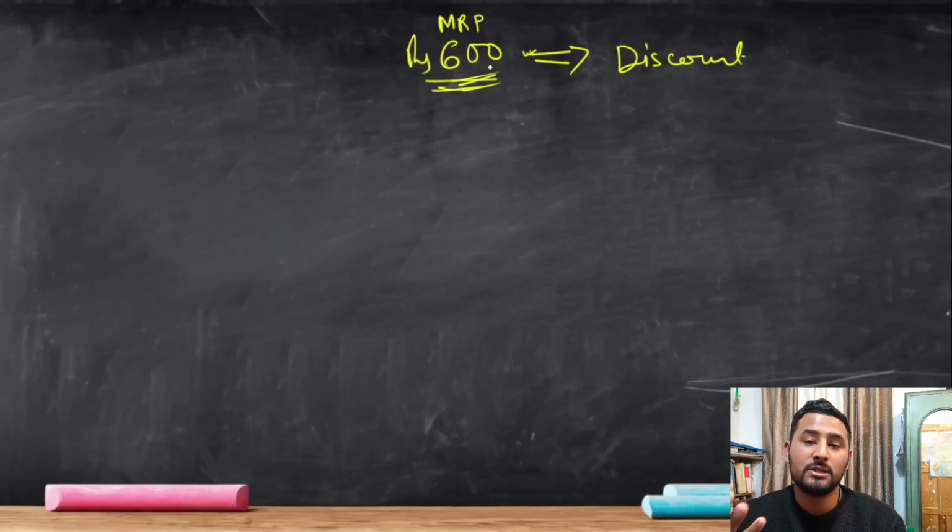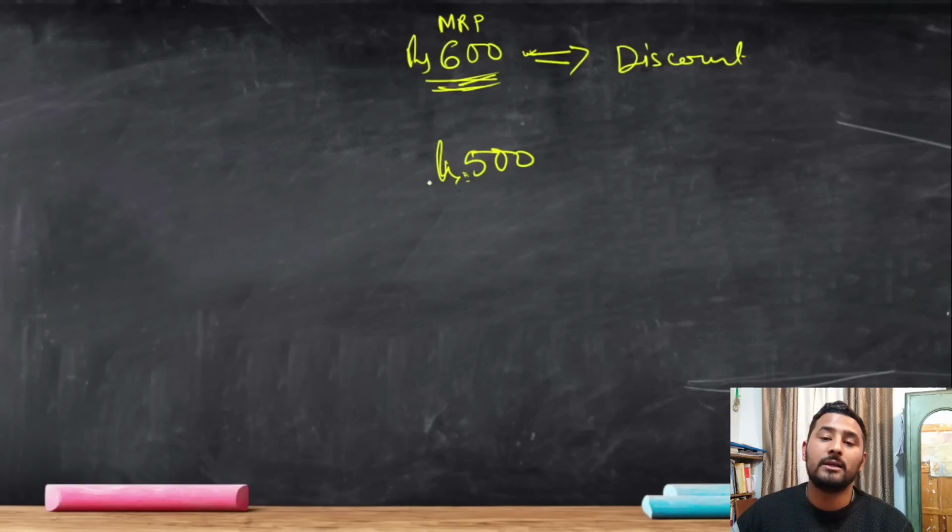Discount means we want to reduce the price from 600 to say 500. Yes or no? So how will that shopkeeper earn the profit then? He will give discount. So this MRP will not be the actual price that he has bought the item for.